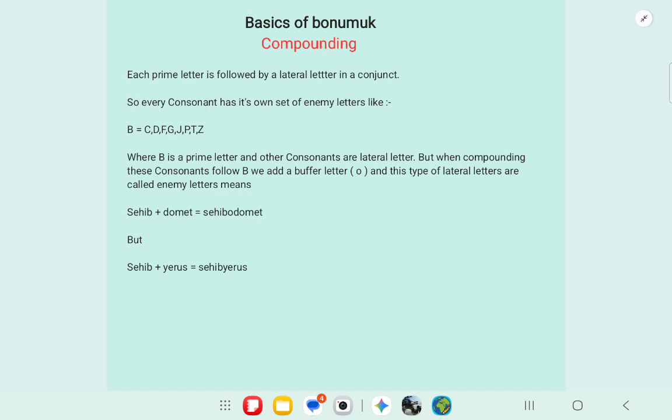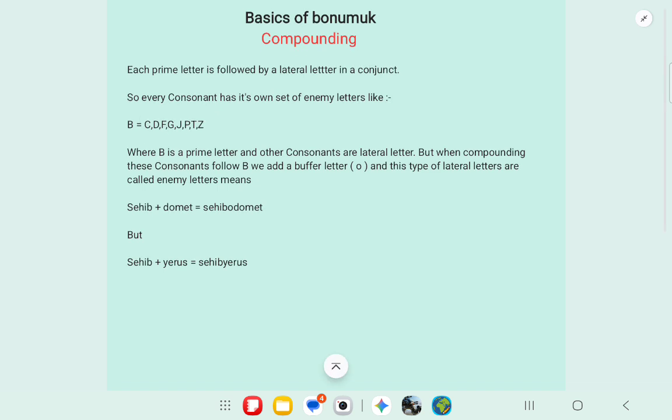Okay, let us revise. These following consonants are the enemy letters of B. What is enemy letter? Enemy letter is a lateral letter. When followed by a certain prime letter, it causes friction to articulate. It means it is difficult to articulate when it is followed by a certain prime letter.